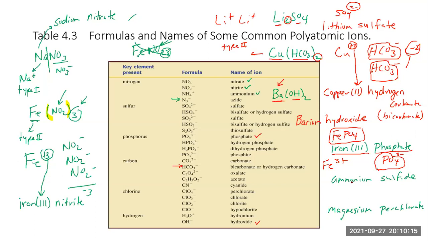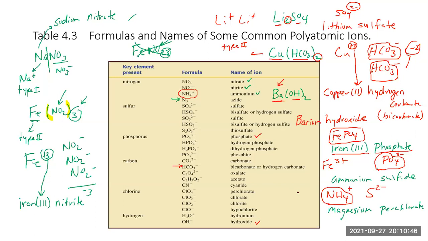Looking at ammonium sulfide, ammonium is one of the few positive polyatomic ions you'll have, and that is NH4 plus. Although there are a lot of atoms there, it still only has a +1 charge. Sulfide is sulfur from the periodic table, which is group 6, meaning it has a -2 charge. So here we're putting together +1 and -2.